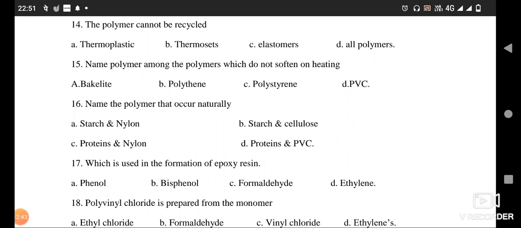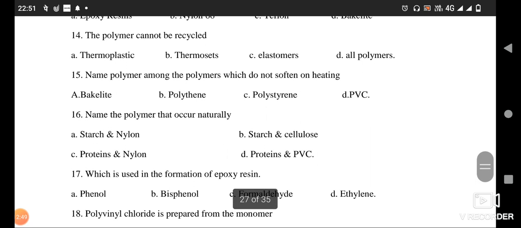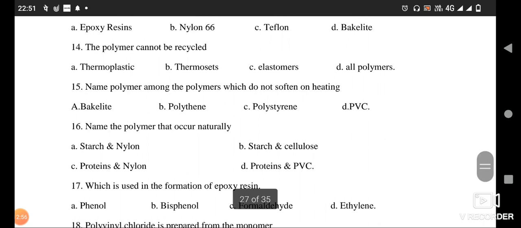So the correct answer should be B, thermosets. We know that thermosetting materials, once they are provided heat, become hard and rigid. That's why these thermosetting plastics or materials cannot be recycled.